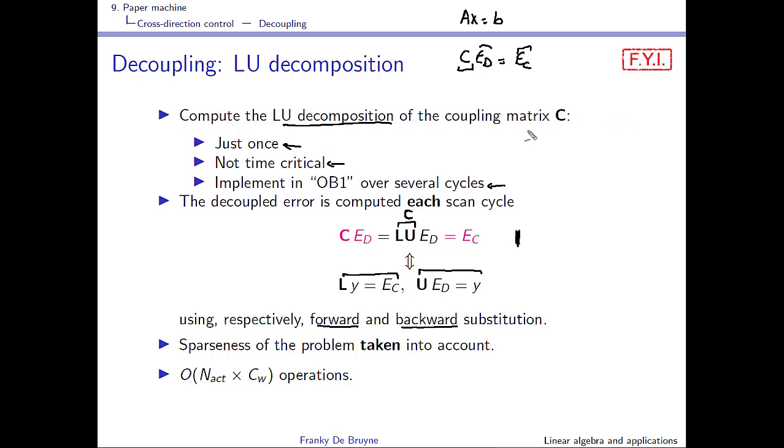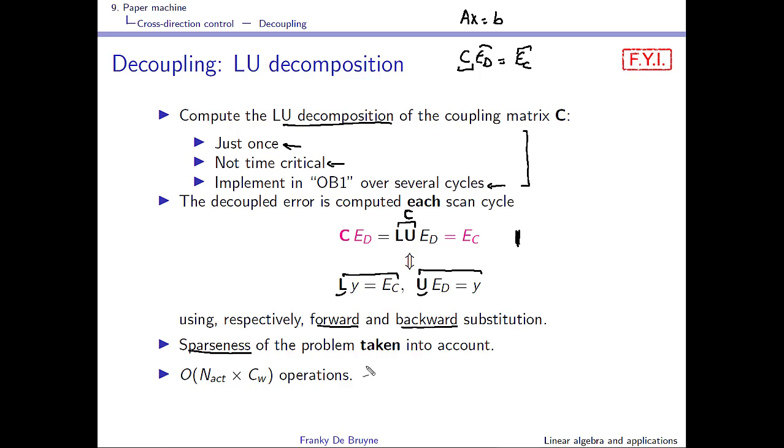This computation will actually be easier than computing the inverse of the matrix C. You can see that by taking these two systems of equations, using this lower triangular matrix L and upper triangular matrix U, you take the sparseness of the problem into account, because in L here you have lots of zeros. So when you're doing forward and backward substitution in these two systems, there will be lots of operations that will be easy because of these zeros in the matrices.